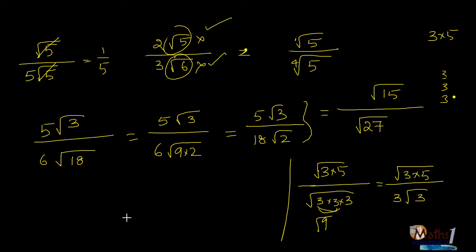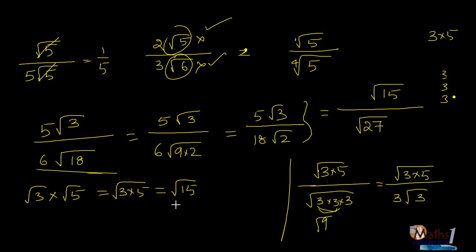Remember, in the first one, what we did, root 3 multiplied by root 5, radical and index was same. I was able to multiply 3 multiplied by 5, it is root 15. If I were to write it in reverse, that is what I need to be able to write. So this will be root 3 into root 5. I did not change the value of root 15, it's still the same.